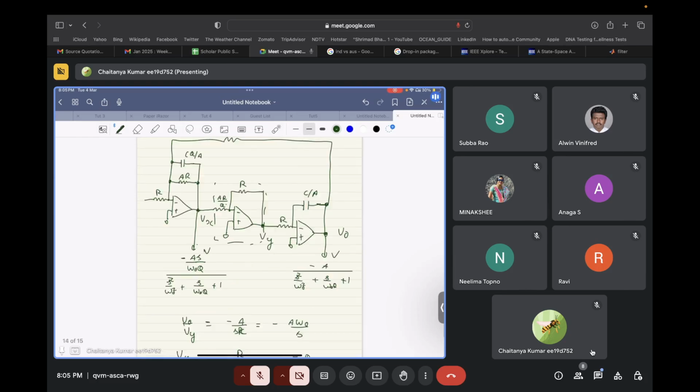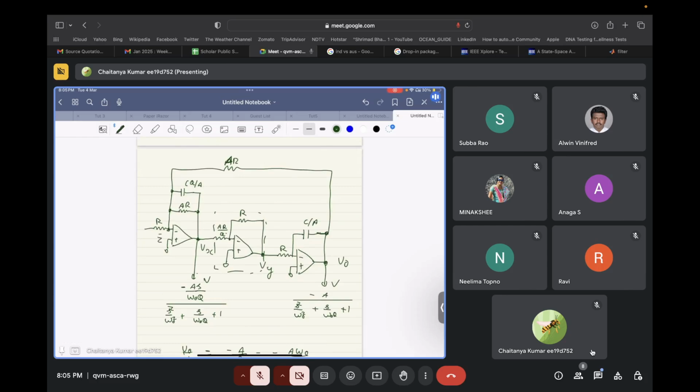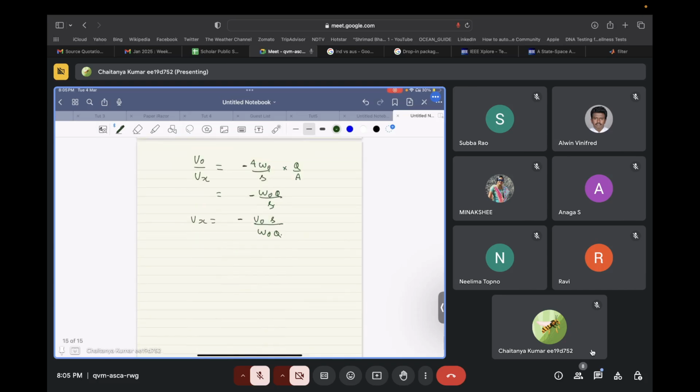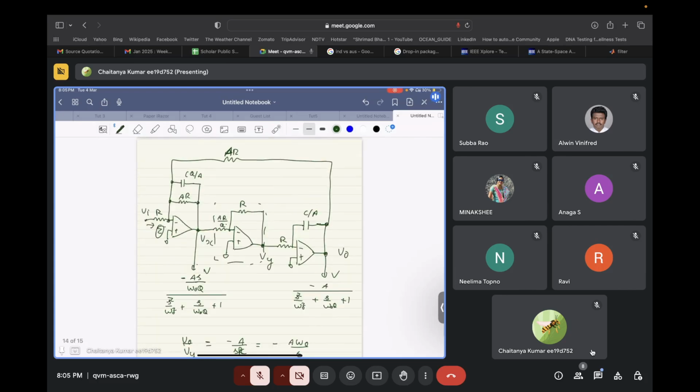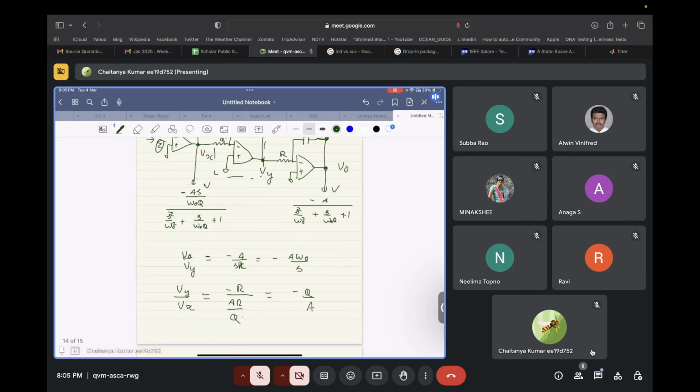Okay. So again, we will write KCL at node 2. So we have Vi by R, and so all four currents we will write again.